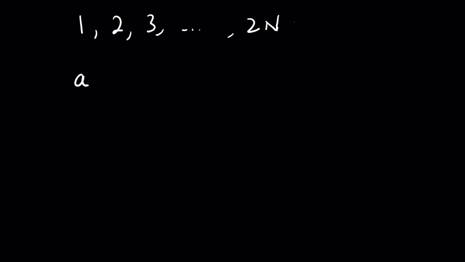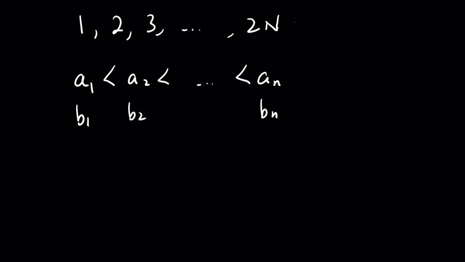When we select the numbers a1, a2 up to an, they must be in increasing order, meaning that a1 is less than a2, less than a3, and so on until an. The rest of the numbers we call B1, B2, all the way to Bn.